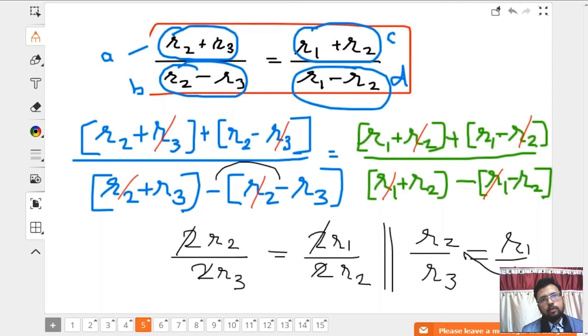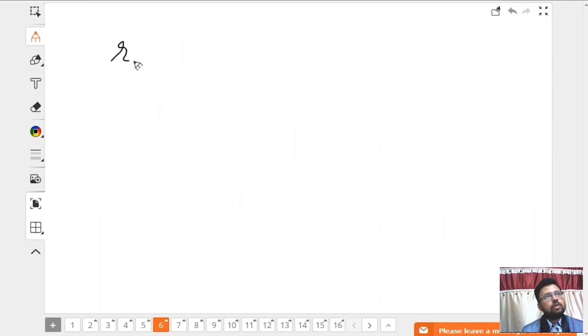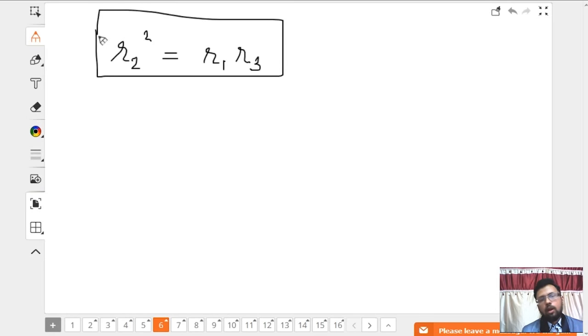R2 and R2 get multiplied, we get R2 square, and these two get multiplied, we get R1 into R3. So we write it here: R2 square is equal to R1 into R3. This is the first relationship that we have got between R1, R2 and R3.